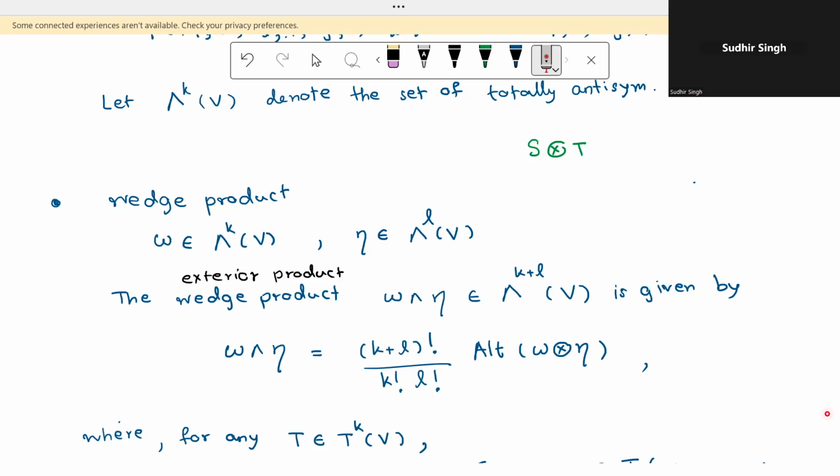So you just do the normal tensor product, and then you antisymmetrize it, to make it become a totally antisymmetric tensor. And this symbol, let me just go down.